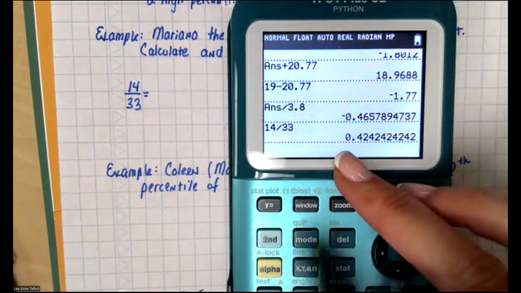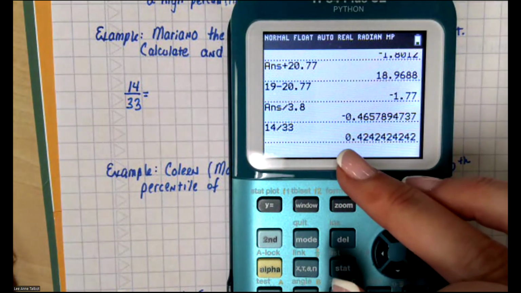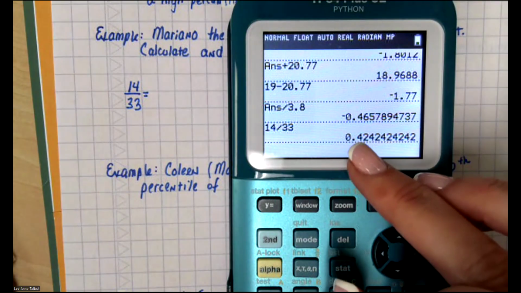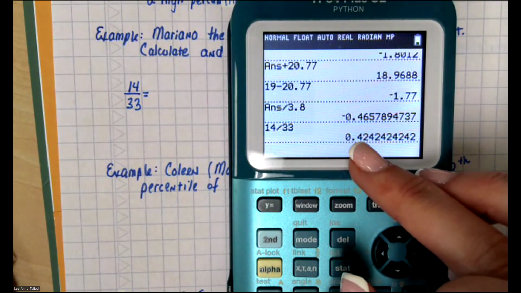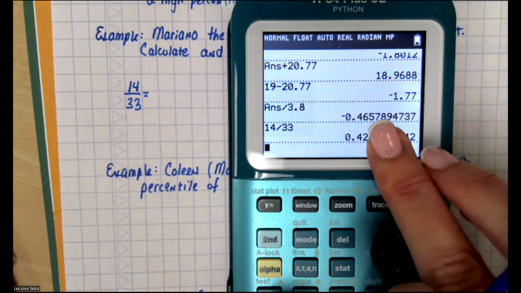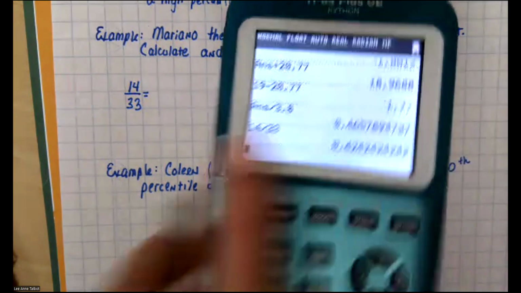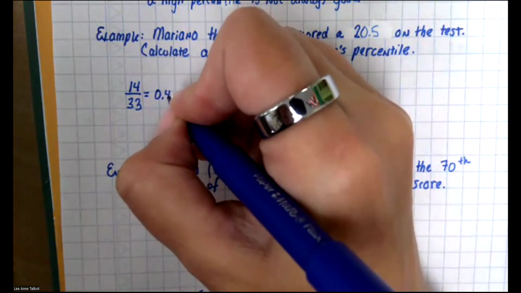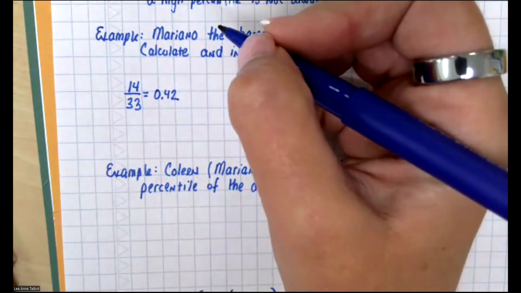In the percentiles, you're going to notice that they are all whole number percentiles. So I'm going to call this the 42nd percentile. I'm going to take the 4, round down, and make this the 42nd percentile. Does that make sense to everybody? So 14 divided by 33 equals 0.42.